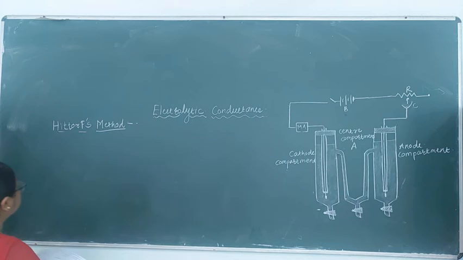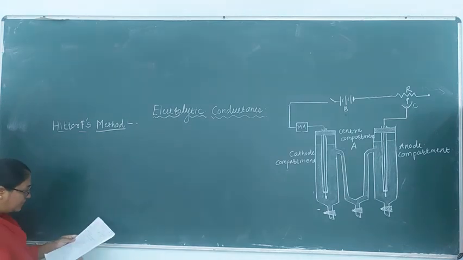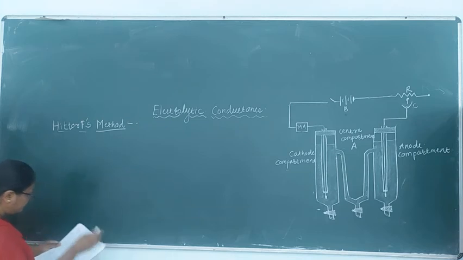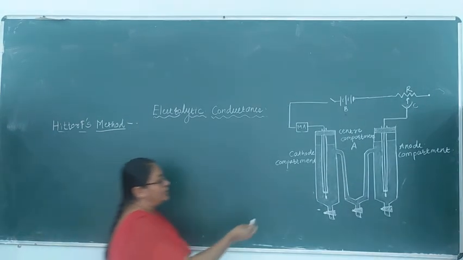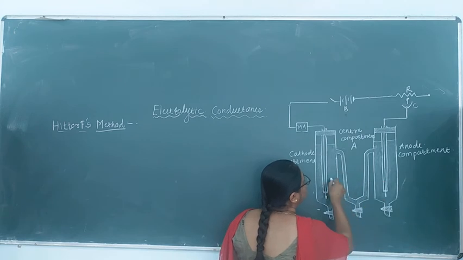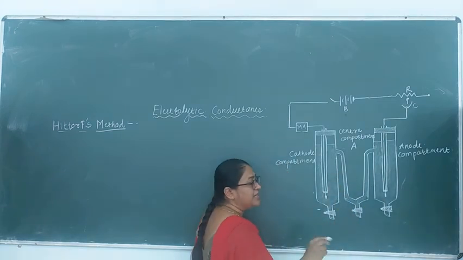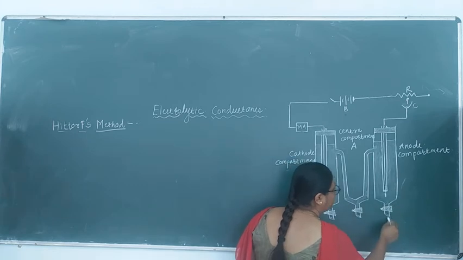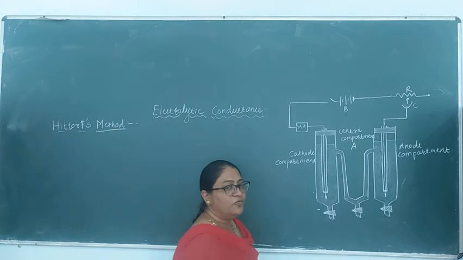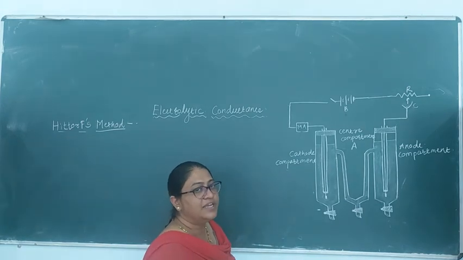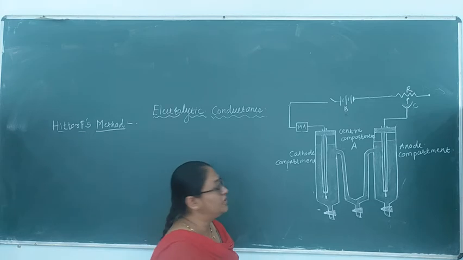Now there are two cases. See here, when you pass the electricity, changes in the concentration of both of these compartments happen. Generally, the solution of the anode compartment is drained out from here, and the weight of that solution is taken, before and after, and from that we can do the calculations for the transport number.